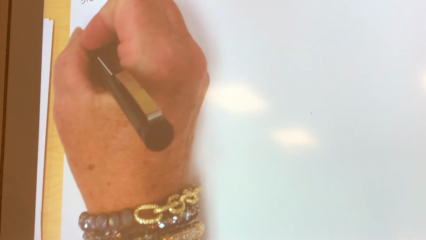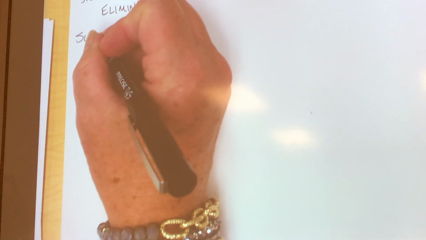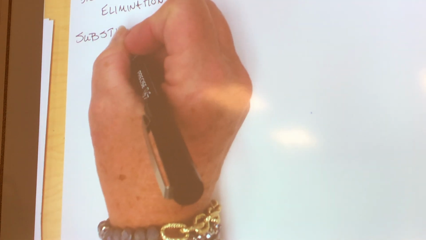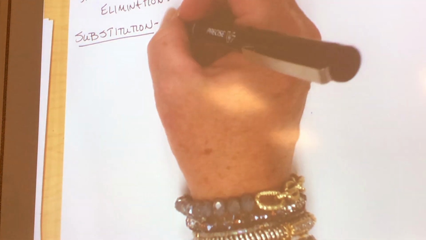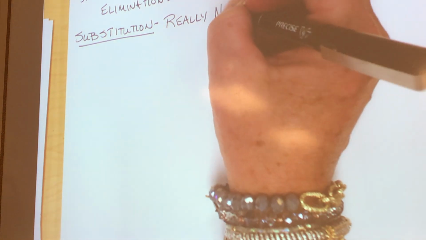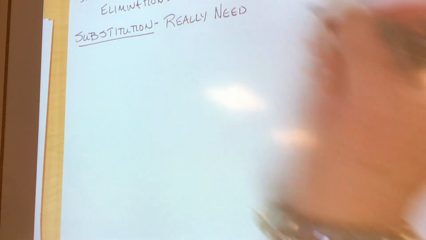So substitution. This is an Algebra 1 skill, guys. All of it is. All right, so here's what you want on substitution. You really need one variable with a coefficient of 1. Now does that mean you'll always get that?